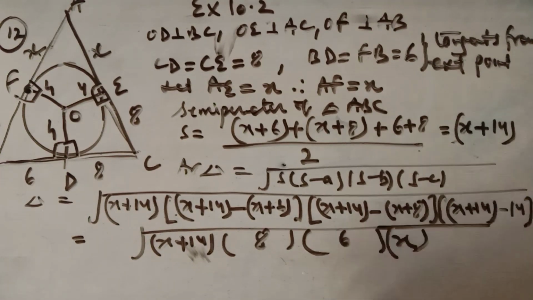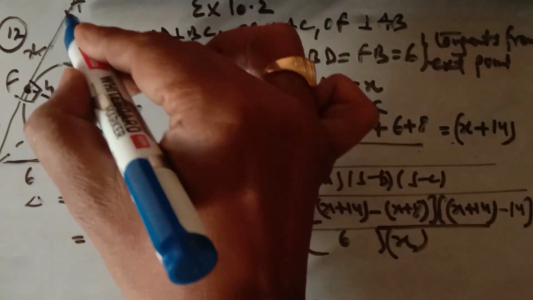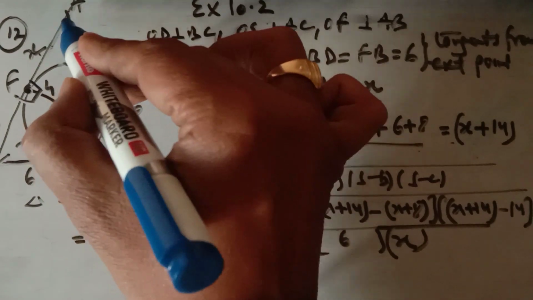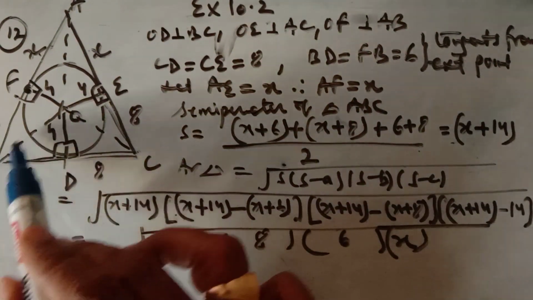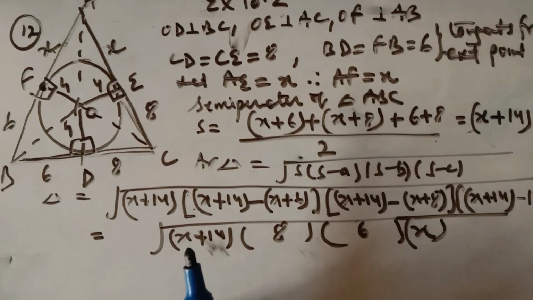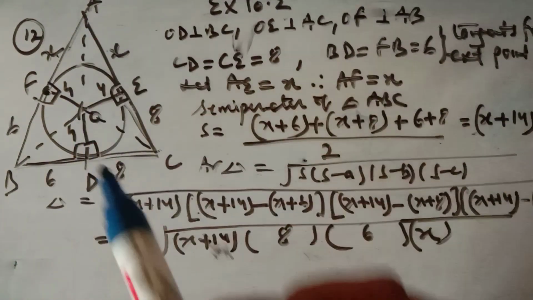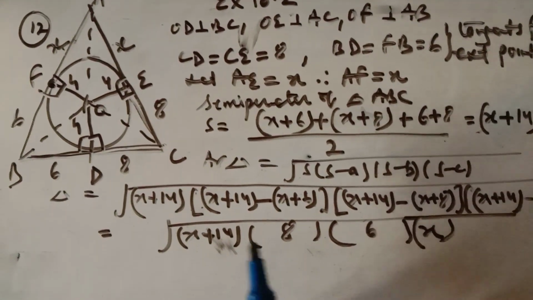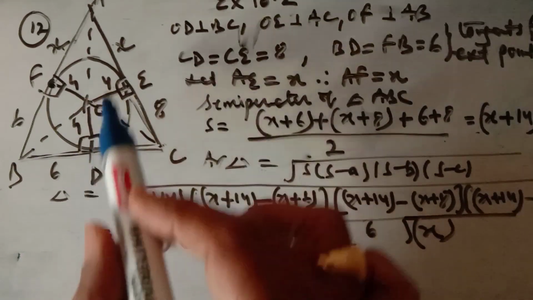Now similarly we can find the area of triangle ABC by finding the area of triangle BOC. See it carefully. Area of the triangle BOC, area of triangle AOB, and area of triangle AOC, which will equal to half base into height. So BOC का area half 14 into 4.